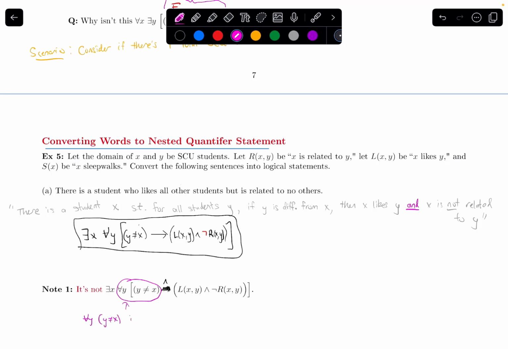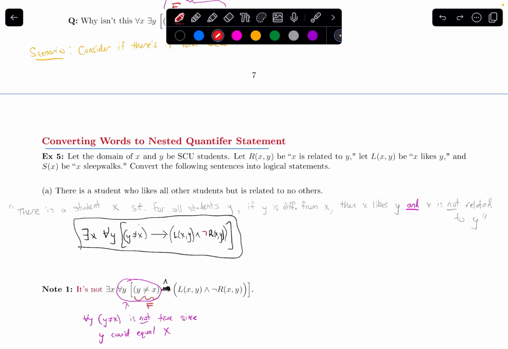So for all y, y is not equal to x is not true, since one of the values for y could be equal to x. Y could equal x. So there is one value of y, namely x, where this first part is false. And if this first part is false, that automatically makes the and statement false.